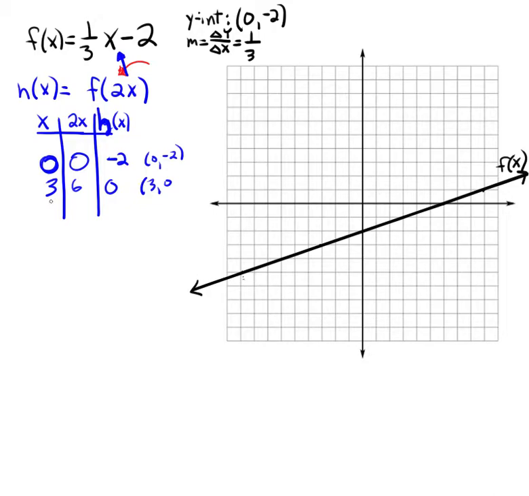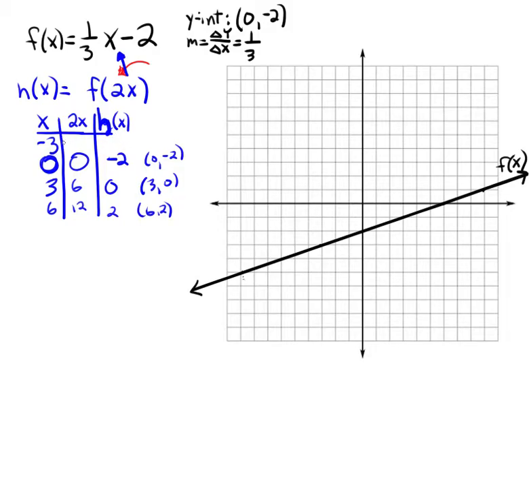My next one I'll probably do is 6. So 6 times 2 is 12. So that's my substitution number. I'll substitute. 1/3 of 12 is 4, minus 2 is 2. So now I notice that I have some points that I can use, and I can substitute x is -3.